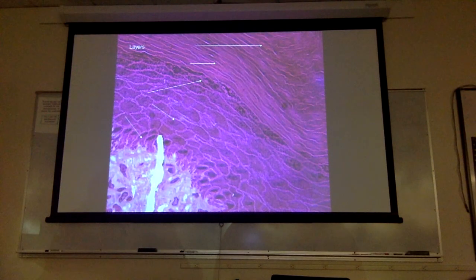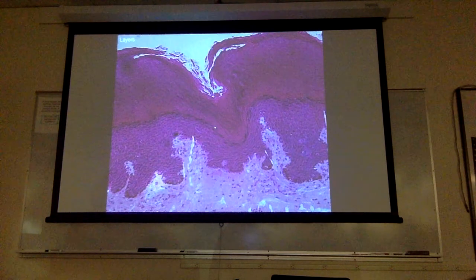Okay, what's this layer? Stratum corneum, granulosum, spinosum, basal. We don't see a real plain, obvious lucidum here. I mean, that's essentially lucidum right here, but it's not very clear to me. That's okay. At least we got the other two.